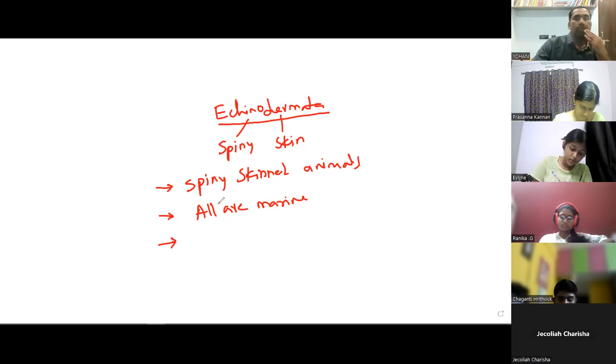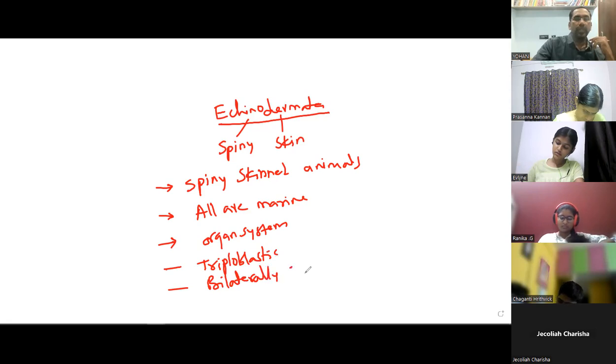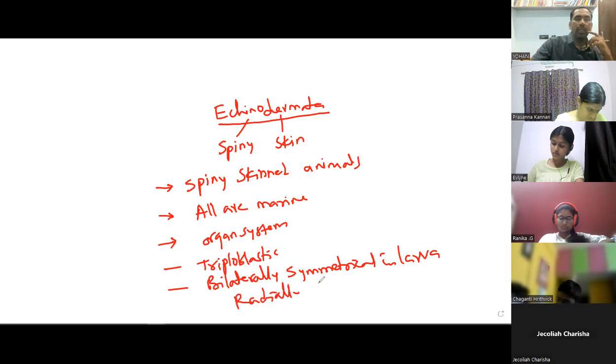Coming to levels: organ system level, triploblastic, bilaterally symmetrical in larva, but radially symmetrical in adult.